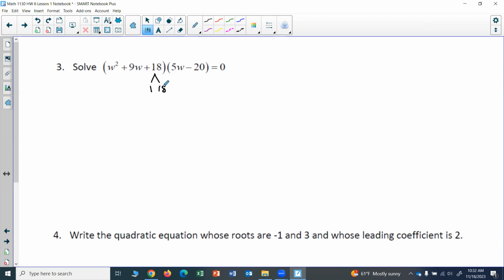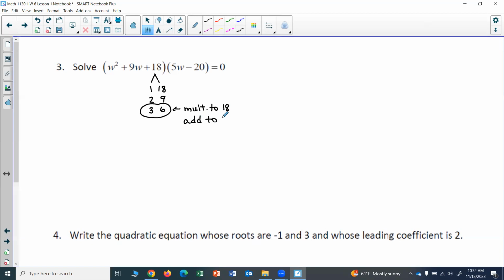I have 1 and 18, 2 times 9, 3 times 6. Oh, there we go, 3 and 6. So these multiply to be C, so that those multiply to be 18, and they add to be the B term, the B coefficient.